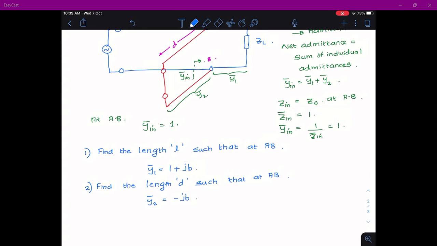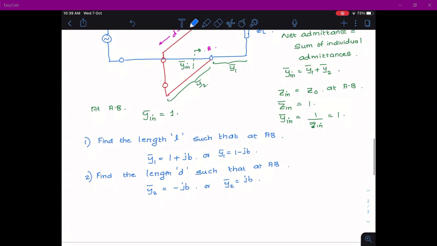So y1 will be 1, it should be there, plus or minus JB. So you can plus JB or minus JB, whichever is possible. So you can write or y1 bar is equal to 1 minus JB. Or in the second case, can be y2 bar is equal to plus JB. So if you are finding 1 minus JB, you should find plus JB for y2 bar. If you are finding 1 plus JB for y1 bar, you should find minus JB for y2 bar.